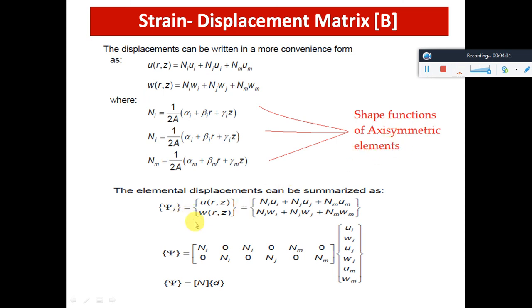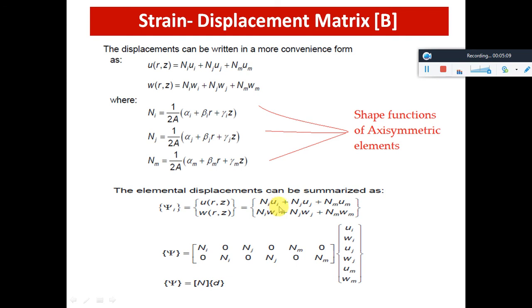Now coming to the general displacement at each node. See, this xi denotes both the nodal displacements along the radial direction and also the z direction, that is the longitudinal direction. So in terms of shape functions, we can write, suppose in a one-dimensional element having two nodes, if u1 and u2 are the nodal displacements, how we can write the general expression for the displacement at that particular node: N1 u1 plus N2 u2, that is equal to u.